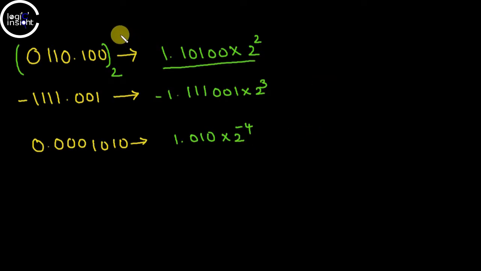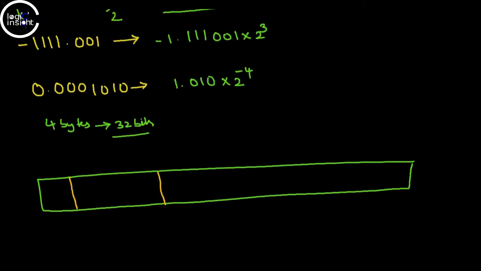How can we store these numbers in computers? Four bytes are allocated, which means 32 bits are allocated. I'll take this number as an example: 1.010 into 2 power minus 4.